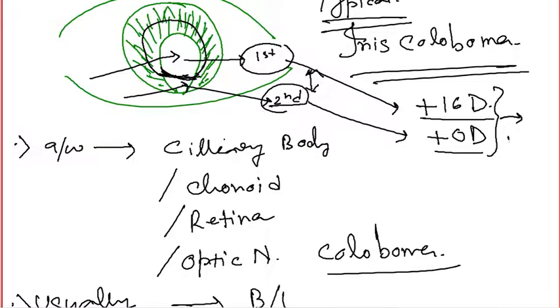So two types of images will be found on the retina and this will cause diplopia.